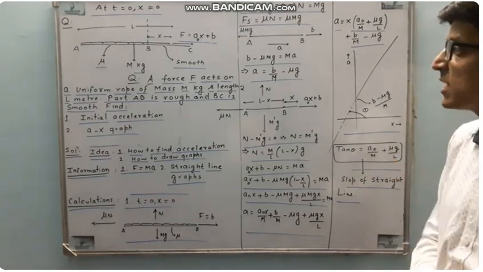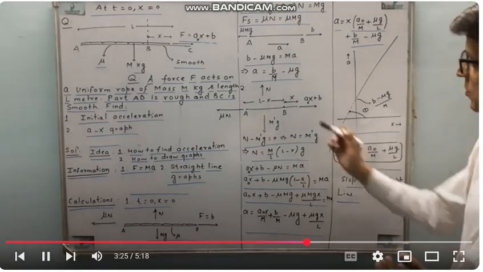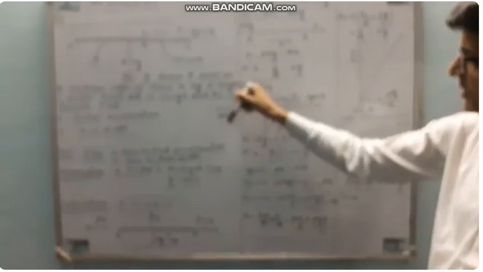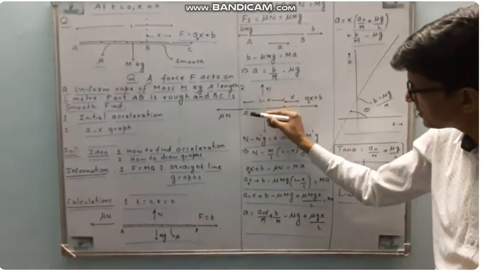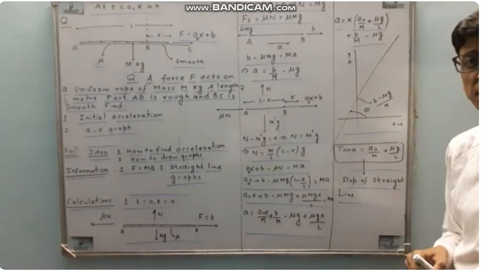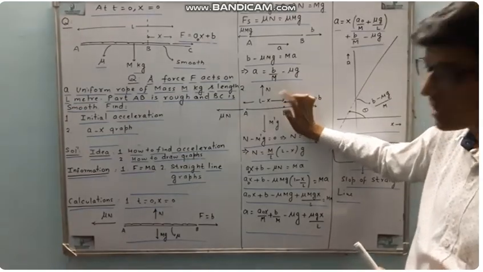Now let us calculate acceleration at a general x. So suppose this distance is x. So force will be A naught x plus B. The friction will be mu N, but N will be m dash g because the friction is present only on the part AB. So we will take the normal reaction between AB and the ground.